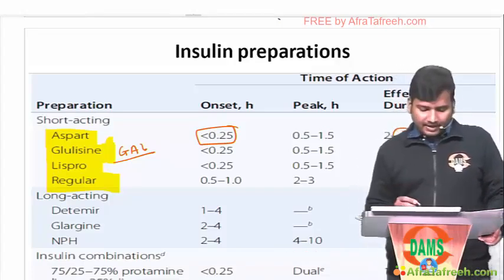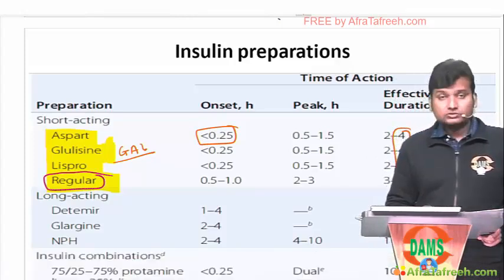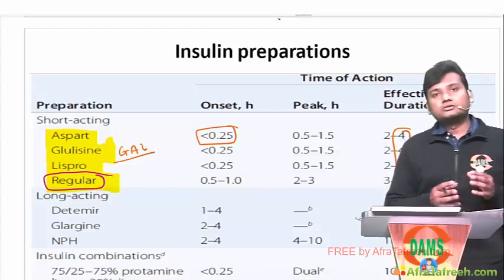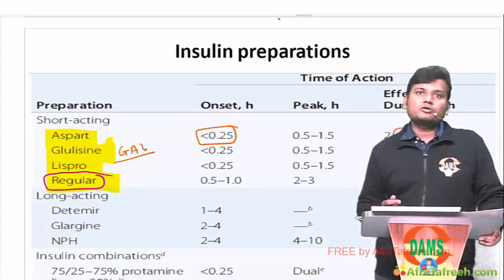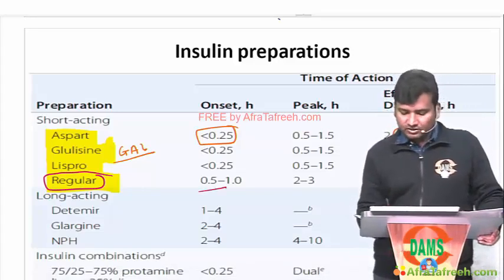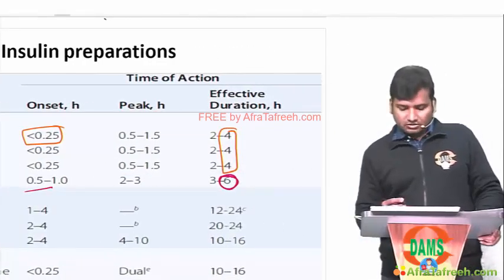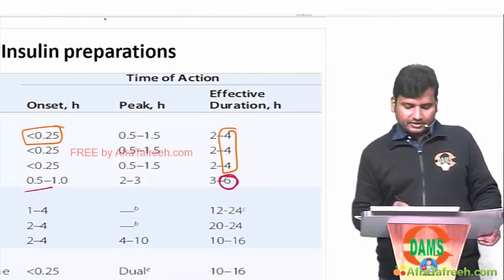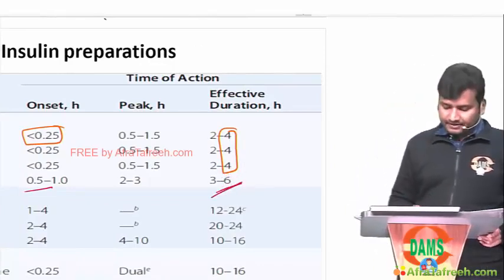Regular insulin is the most commonly used insulin in our wards. So please remember everything about regular insulin. Action of regular insulin starts in 30 minutes and it lasts for 6 hours. So regular insulin acts for 6 hours. It is your MCQ.